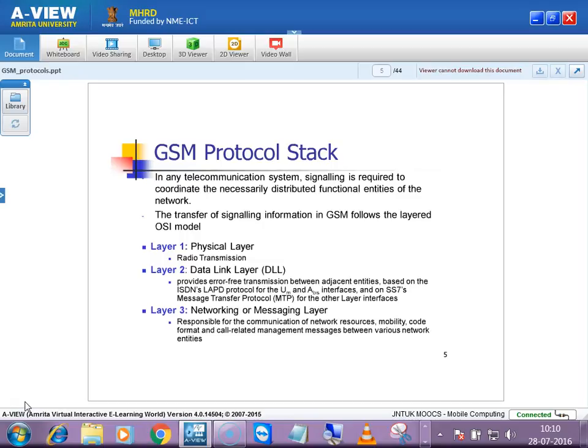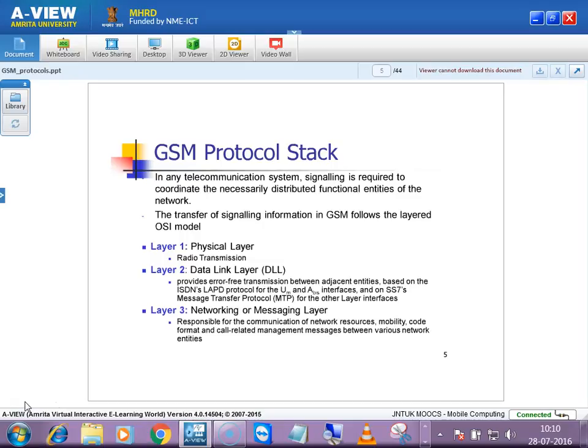So in a telecommunication system, signaling is required to coordinate the necessary distributed functional entities of the network. The transfer of signaling information is as follows. Whenever you want to establish something, some information should be exchanged, nothing but signals, nothing but control information. If you want to talk, you can't directly switch on your mobile and talk.